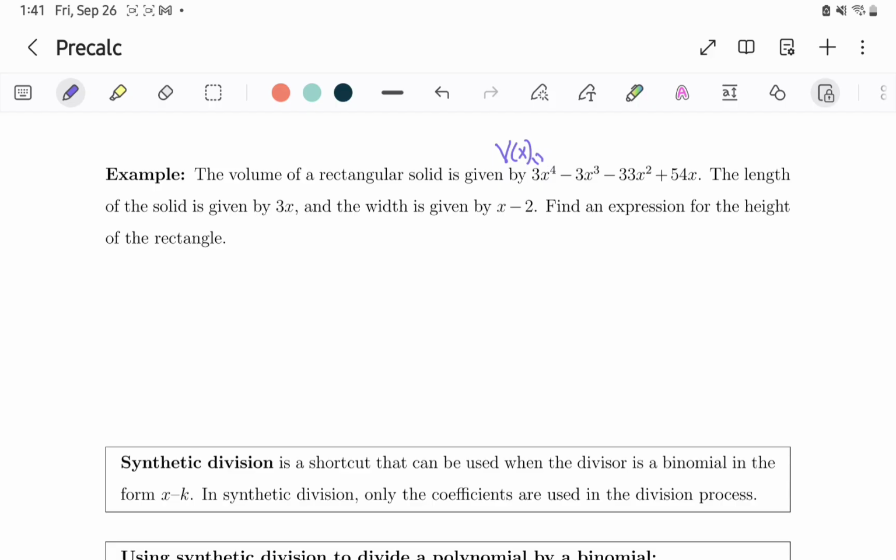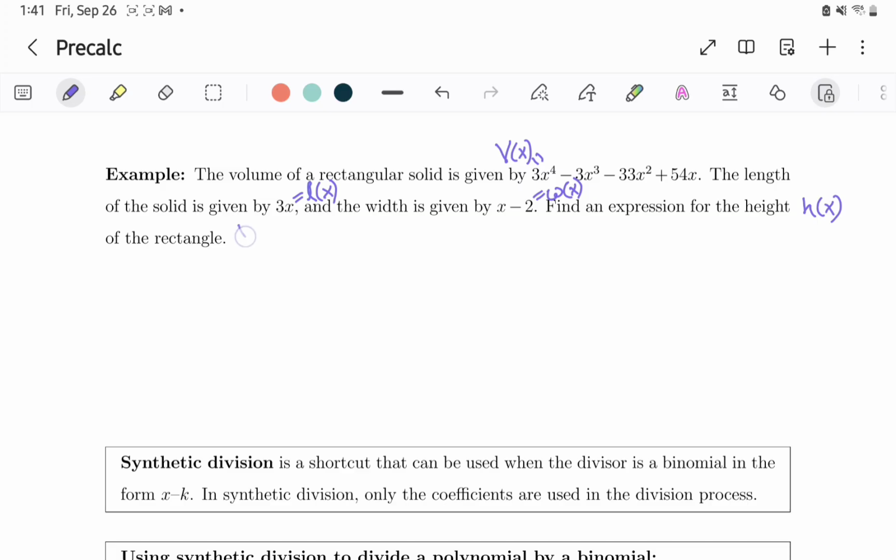So that's our polynomial v of x. This is L of x. This is w of x. And then we want to find an expression for the height, which we can call h of x.